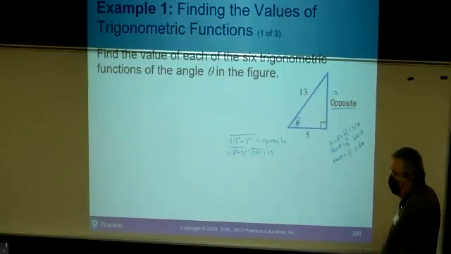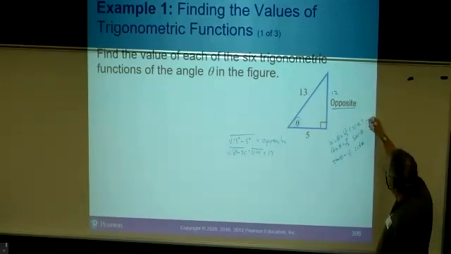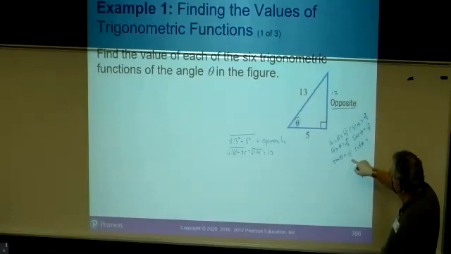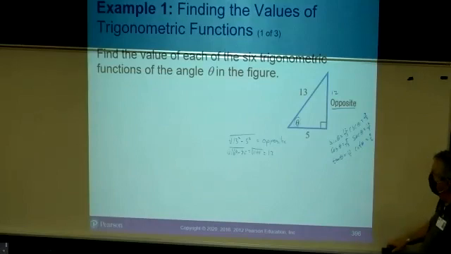All you need to do is write it as a fraction and reduce it if necessary. And cosecant is the reciprocal of sine. So that's 13/12. Secant is the reciprocal of cosine. So that's 13/5. And the reciprocal of tangent is what cotangent is. So that's 5/12. So there we have the values of the 6 trigonometric functions. And all we had to actually calculate was the length of the missing side.